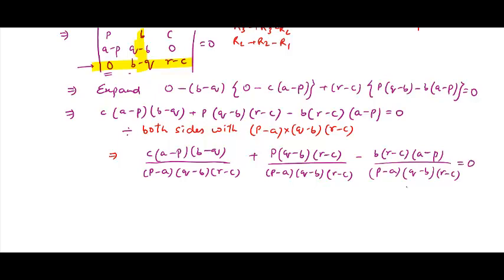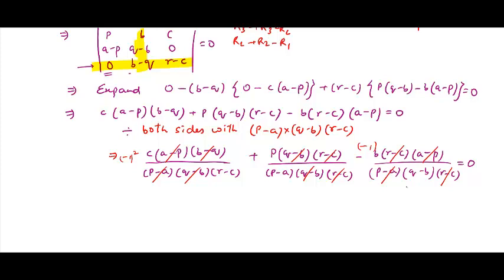So we get this step, and now you observe some cancellations. a minus p cancels with p minus a, giving you a negative 1, and b minus q cancels with q minus b to again give you a negative 1. So we get minus 1 square times this. In the second bracket, q minus b cancels directly, and r minus c cancels with r minus c. In the third bracket, r minus c cancels with r minus c, and a minus p cancels with p minus a, giving you a negative 1.